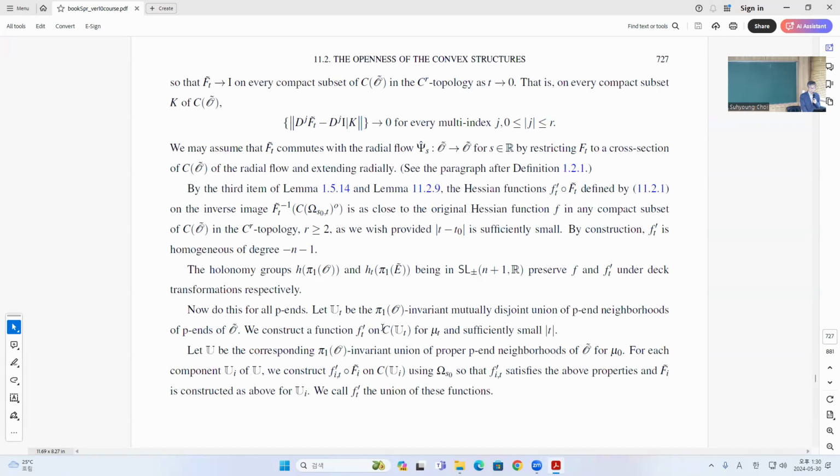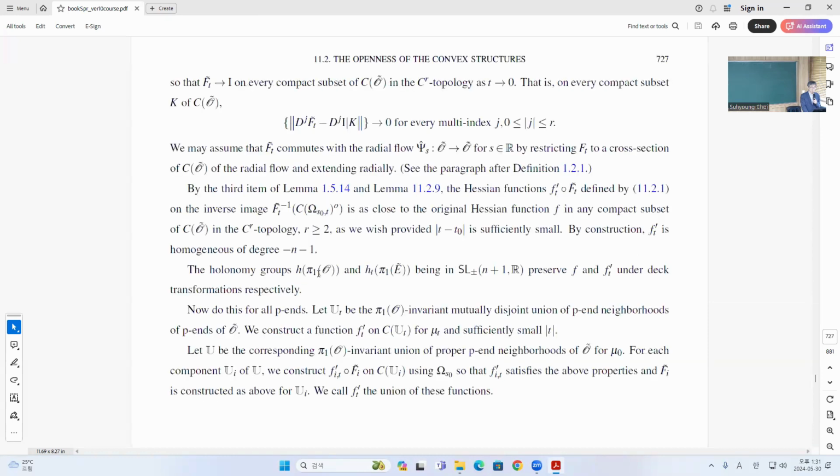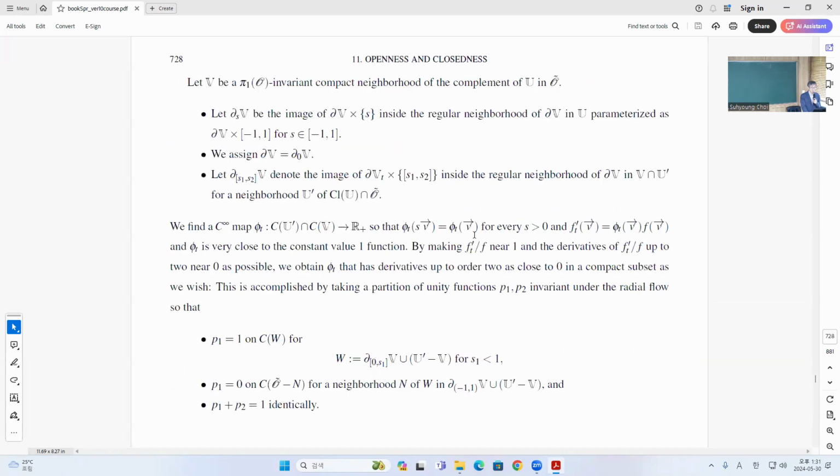Then for ut, you can also look at these neighborhoods. We take some compact neighborhoods and take the intersections between these, and the Hessian function restricted to these, and the other ones are going to be very close. Okay, so we can find these maps.